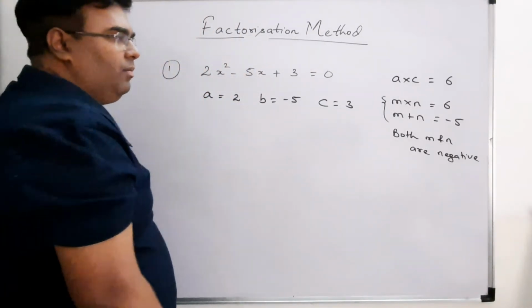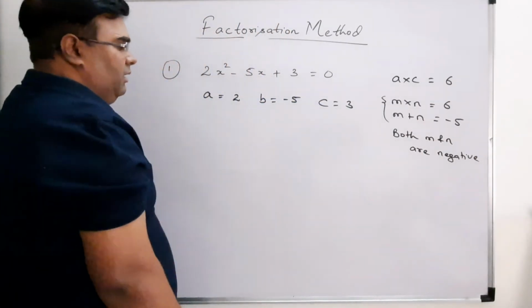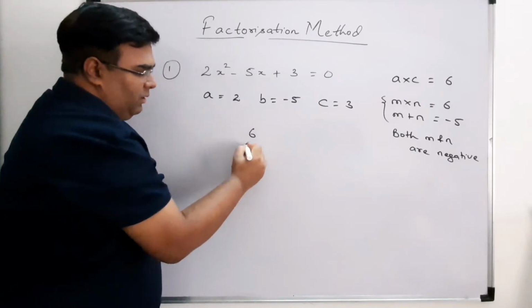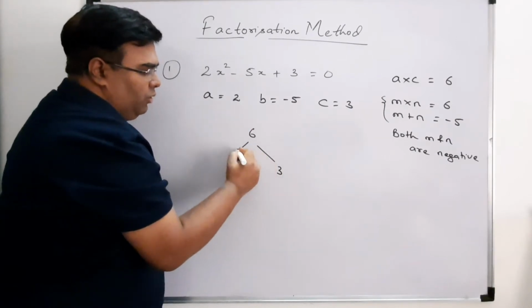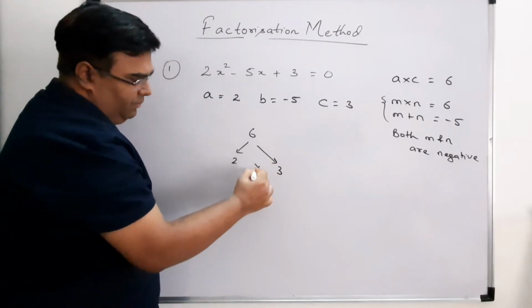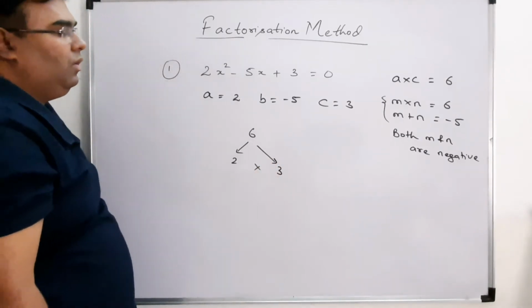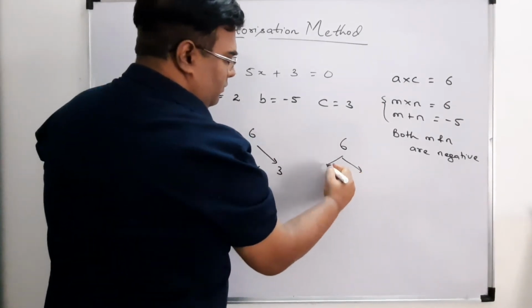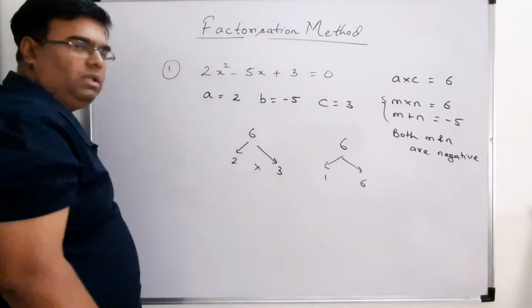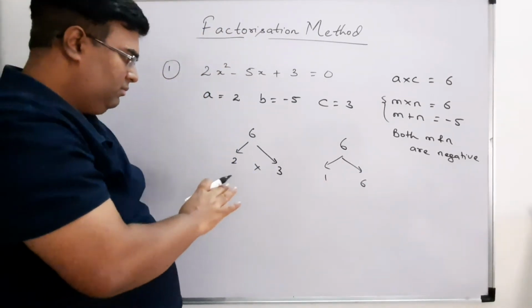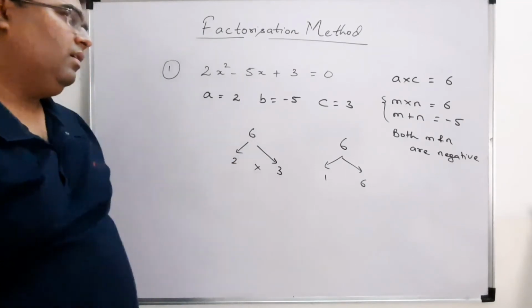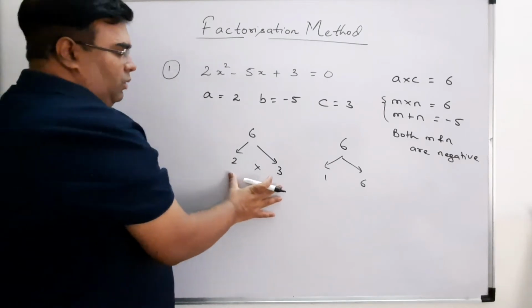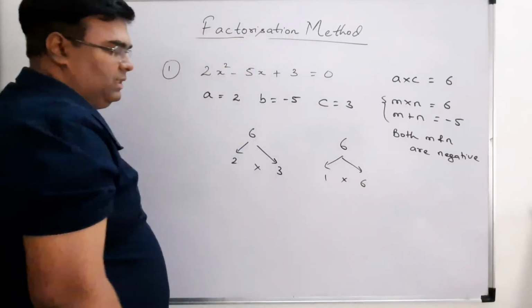Now let us find M and N. We will get M and N from this 6, right? If you write 6 in factor form, you can have 2 and 3, or you can also have 1 and 6, right? Both combinations are there. You don't have any other combination for 6. We will see other numbers also; there will be more options. So it is very simple. 2 and 3, 1 and 6, correct?